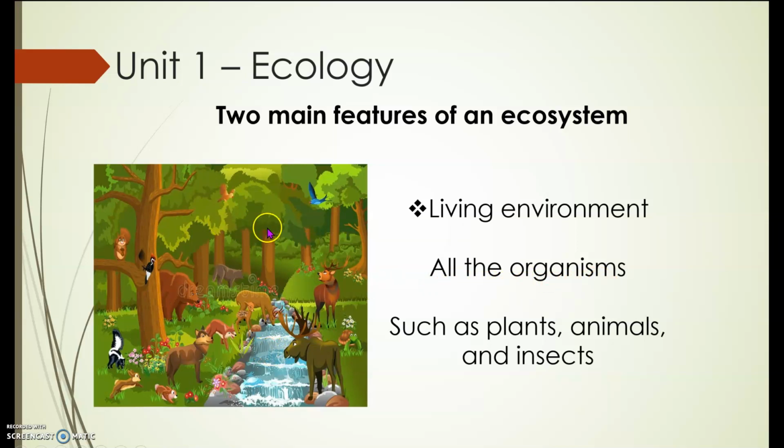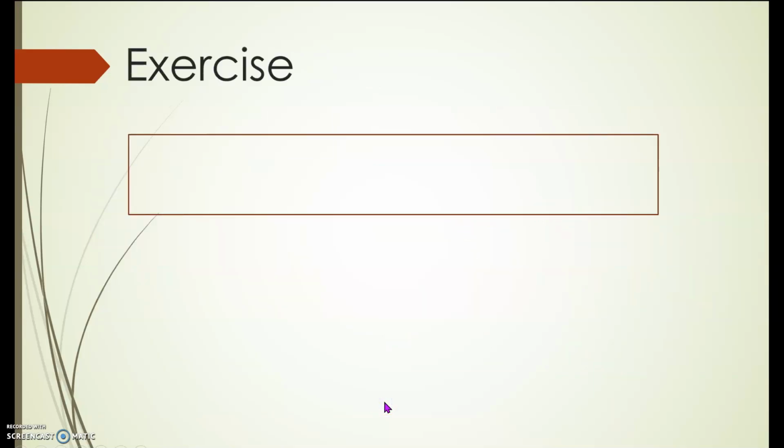As you can see in this picture, the plants, the trees, the animals, the insects are all living things. It says here such as plants, animals, and insects. So all these organisms or living things are the living environment. I hope you all understand that.